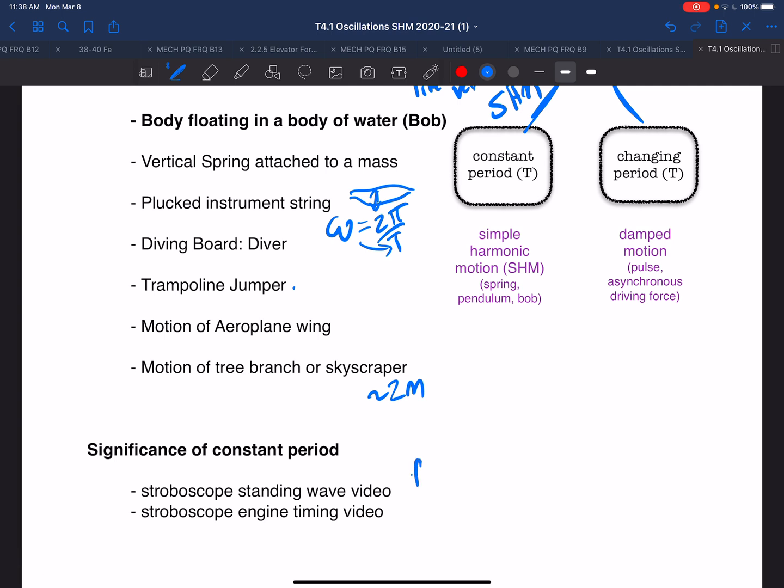So there is a little bit of a significance of a constant period. A stroboscope is a flashing light. And the delta T of the flash is constant.